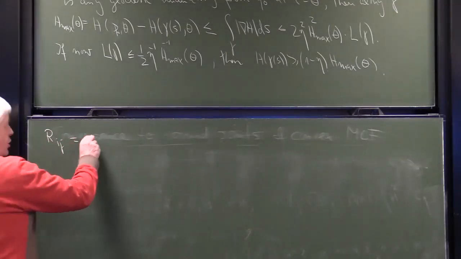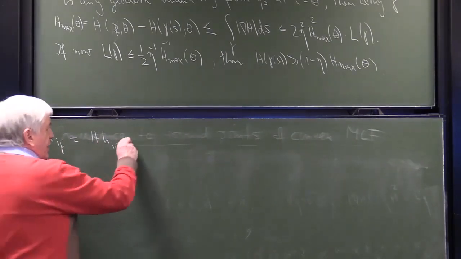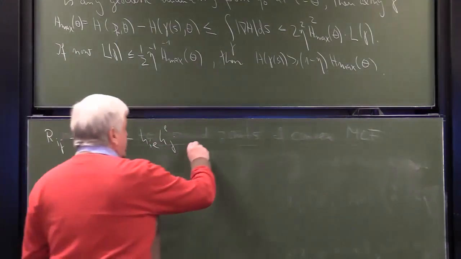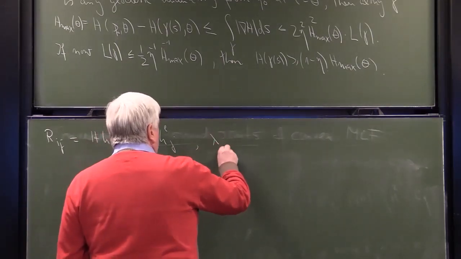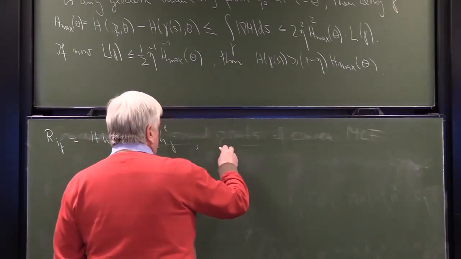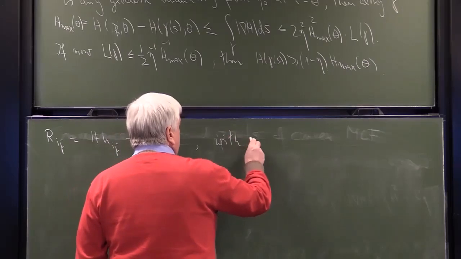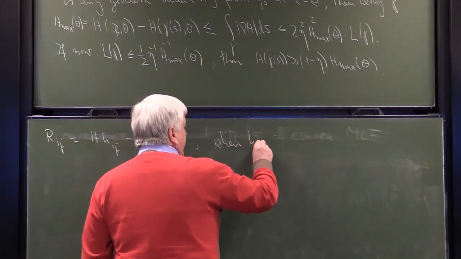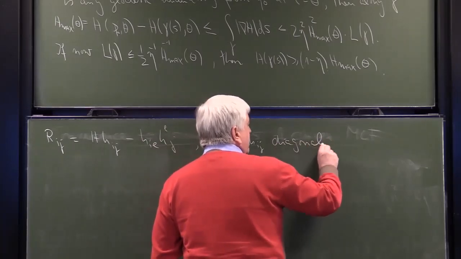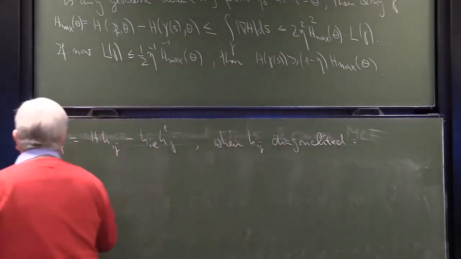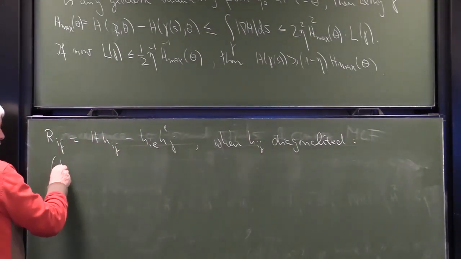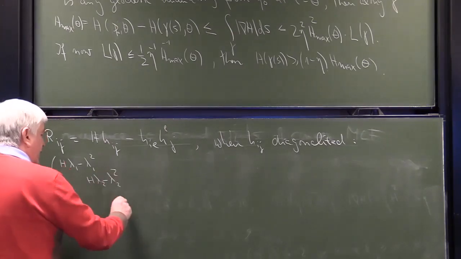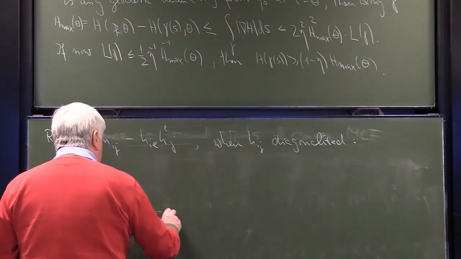By the Gauss equations, the Ricci tensor is given by the mean curvature times the second fundamental form minus the square of the second fundamental form, which means that each eigenvalue of the Ricci tensor, when h_ij is diagonalized, we get the matrix H lambda 1 minus lambda 1 squared, H lambda 2 minus lambda 2 squared, and so on up to H lambda n minus lambda n squared.